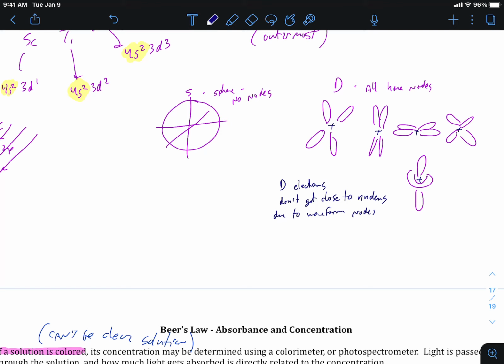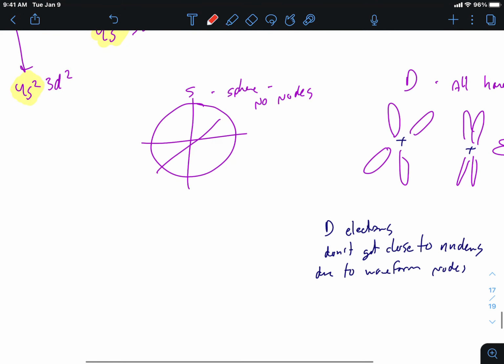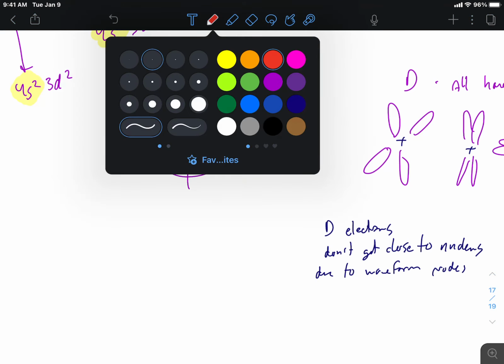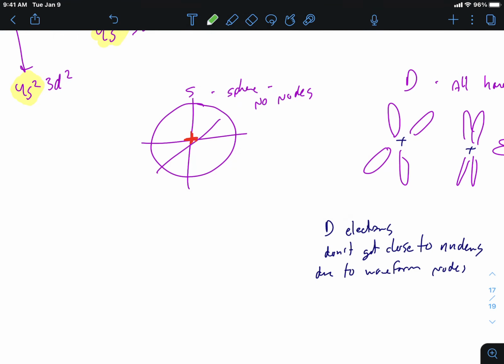Now, taking a look at the s electrons, there's no node, right? So if the nucleus is there, the electron has free reign to go as far out as this or as close as this. So it's just kind of making itself at home, going wherever it pleases. The truth is, the s electron has a wide range.